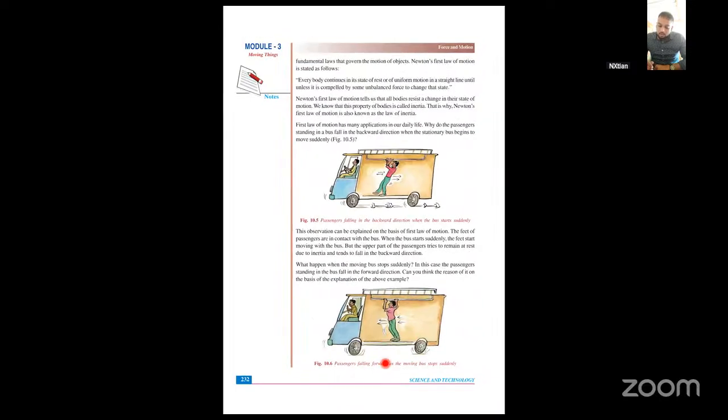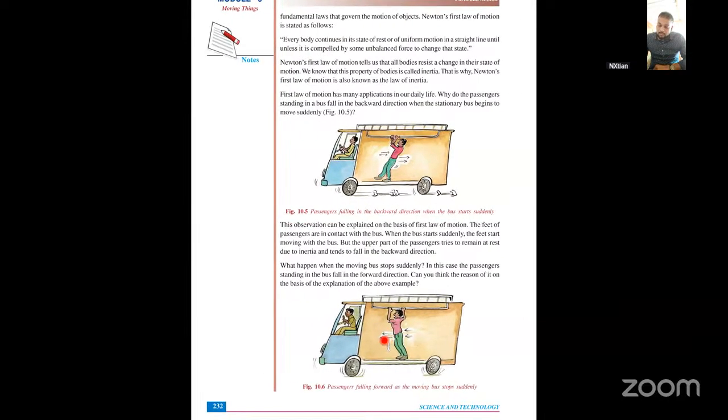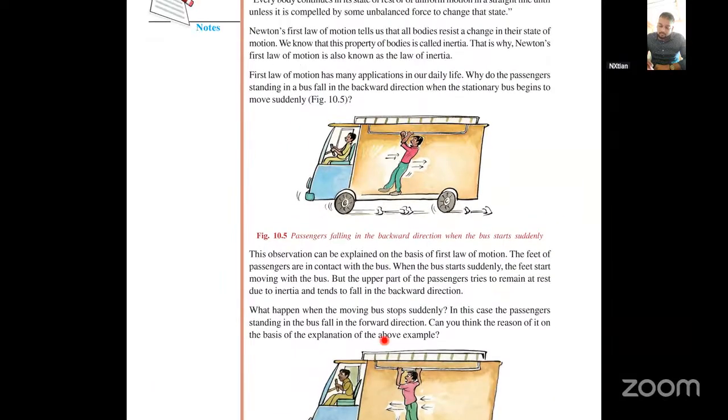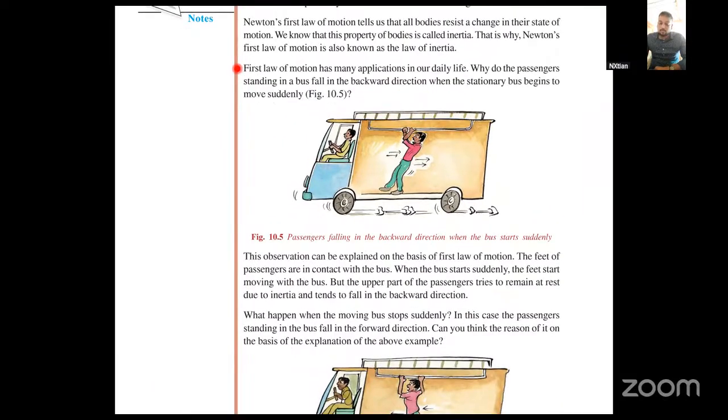Okay, so we'll read this. Jahuan, can you read this, please? First law of motion has many applications in our daily life. Why do passengers standing in a bus fall backwards when the stationary bus begins to move suddenly?